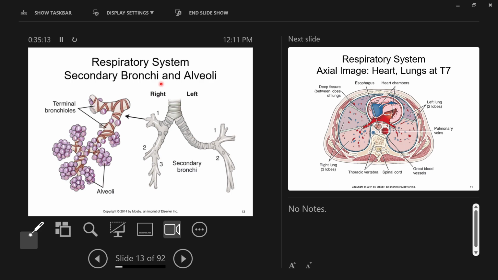So again, wrapped right around these alveoli will be blood vessels, and air goes in and fills these alveoli, oxygen moves through the walls of the alveoli into the blood vessels, and carbon dioxide moves out of the blood vessels into these alveoli. This is where the transfer of oxygen is actually happening, transfer of oxygen and carbon dioxide. The actual exchange of gases is happening at the microscopic level between these alveoli and the bloodstream.